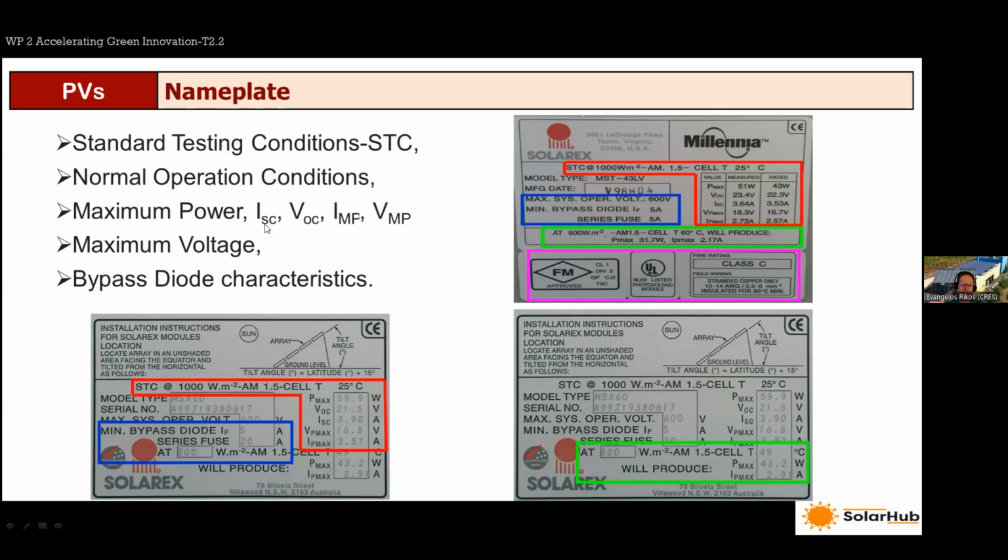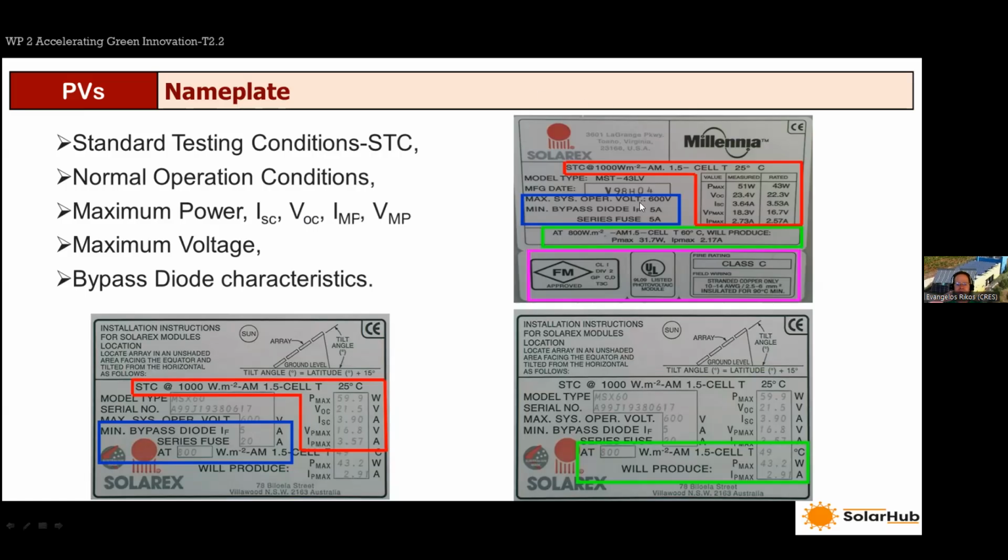Of course, all this information is included, like the maximum power, the short circuit current, the open circuit voltage, the corresponding maximum power current and voltage. There is also information that the nameplate provides about the maximum voltage of the combination of the modules. If one wants to connect a lot of modules in series, then it is likely that the maximum operating voltage will be over the allowable limit.